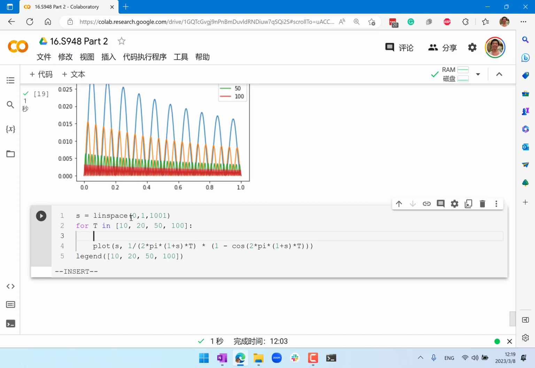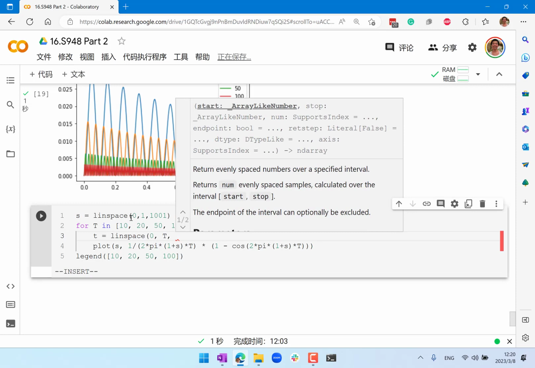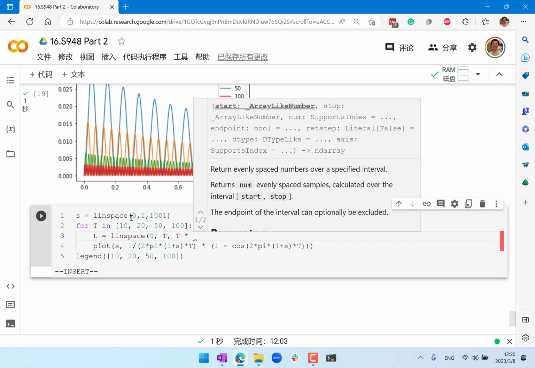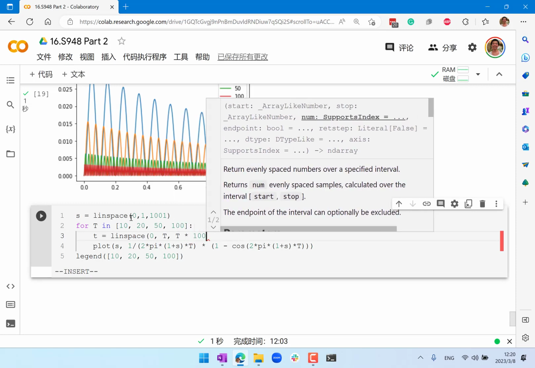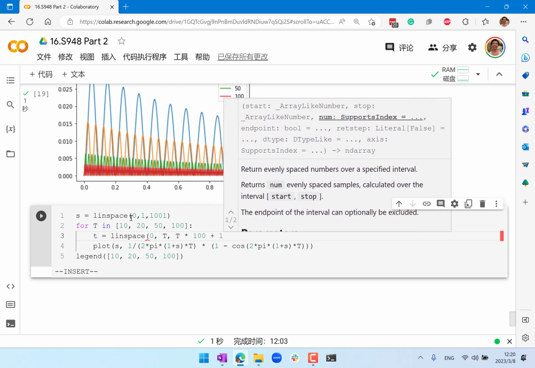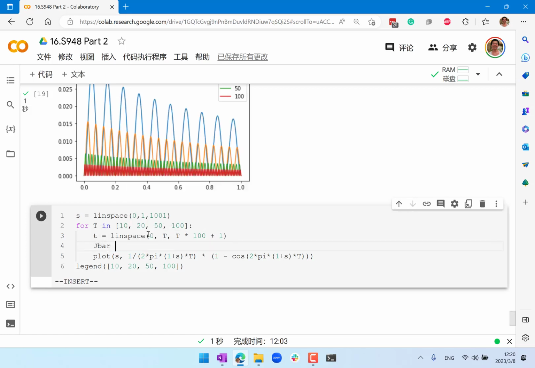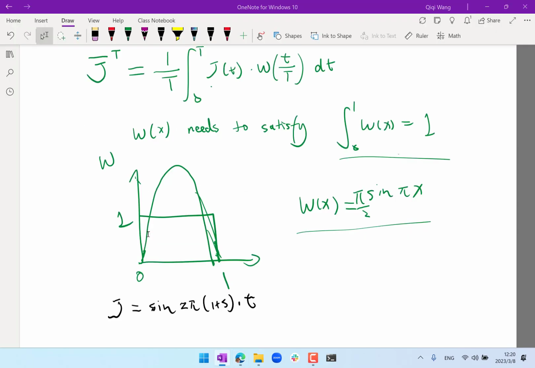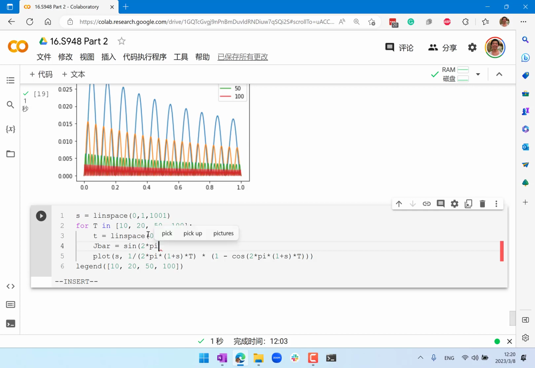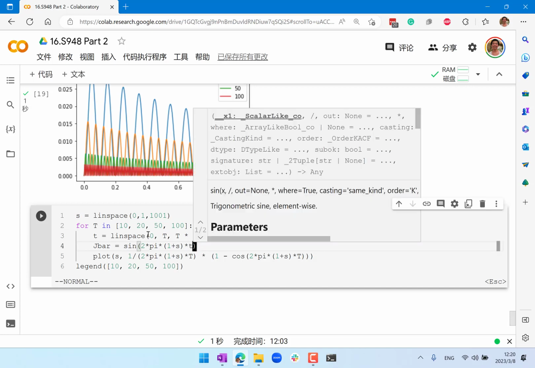And t would be linspace of 0 to T, and let's use T times 100 plus 1 as my averaging. So my J bar would be equal to sine of 2 pi times (1 plus s) times t, averaged.